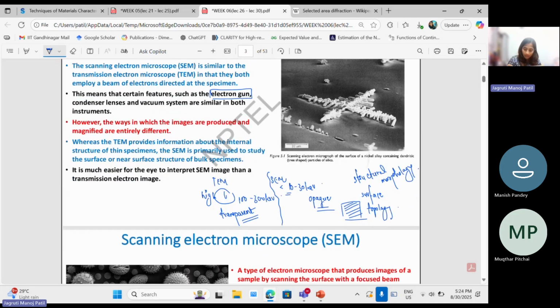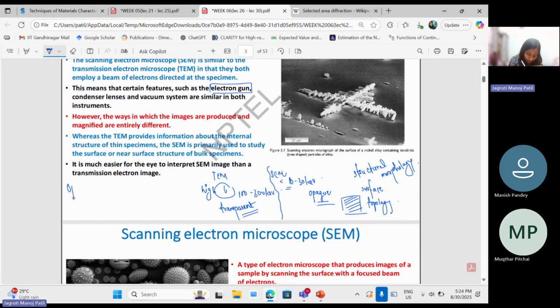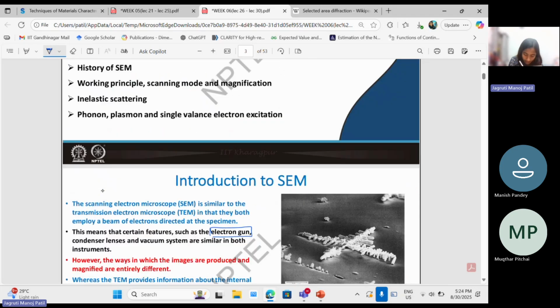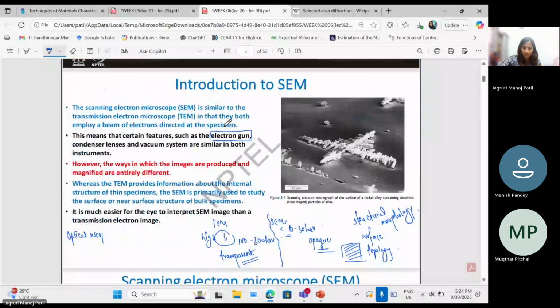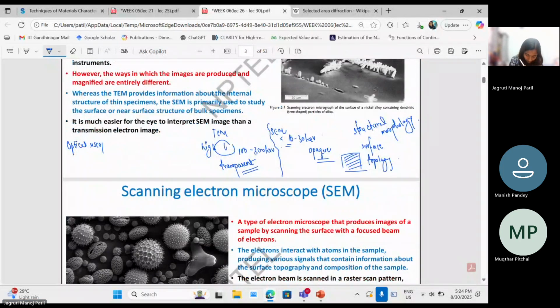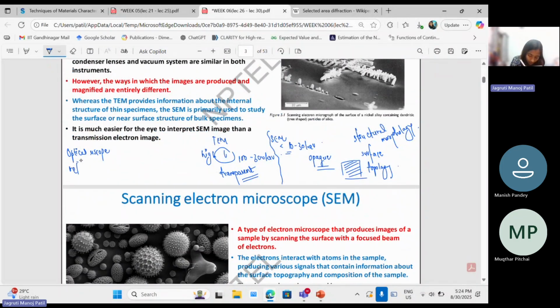So when you have your optical microscope, of course, the structure of the microscope is nearly the same, but it can be operated in reflected mode and in transmitted mode.